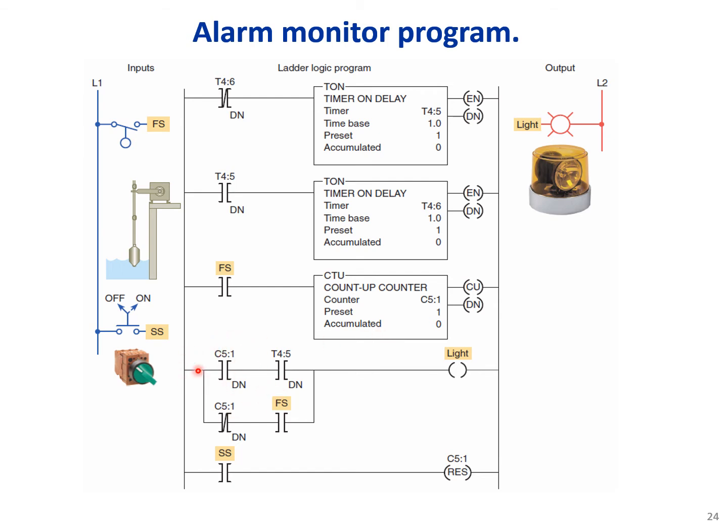When we have the downbeat of the counter true, and we use the downbeat of one of the timers, then the light will start flashing. And here we could reset the counter.